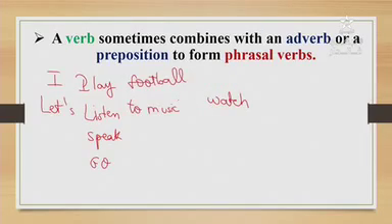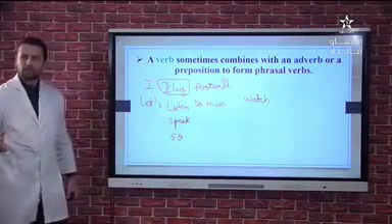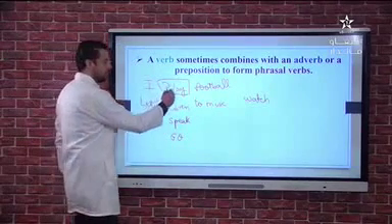Right. So, for example, we have the verb play. When you put it in a sentence, it gives us a sentence which is understood and which is clear. As you can see, we use the verb play.